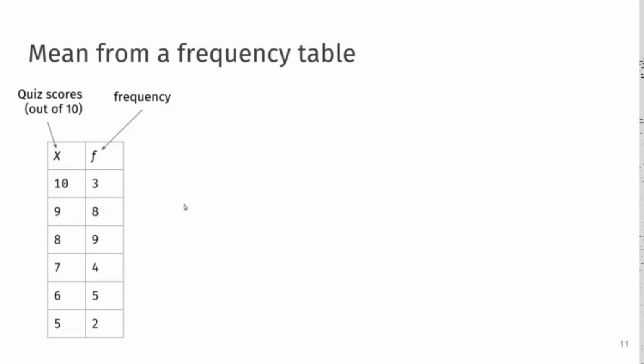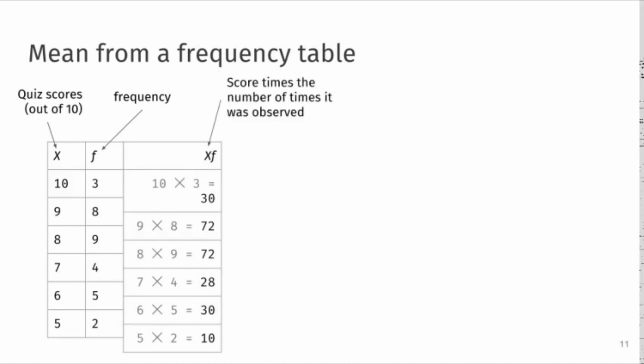So the first step, if we want to compute the mean from this frequency table, is to come up with a new column, which, if you'll excuse the poor formatting here, is the score times the number of times we saw it. So this would be 10 times 3.